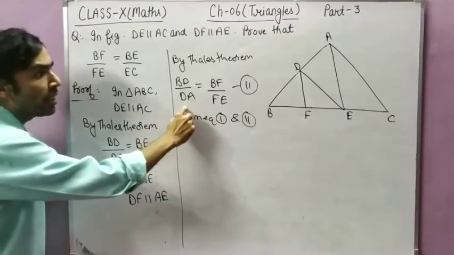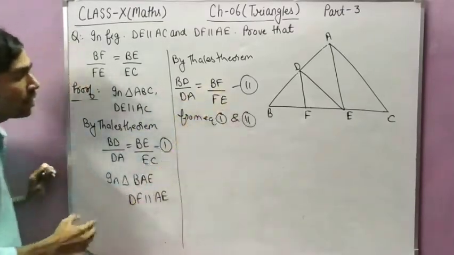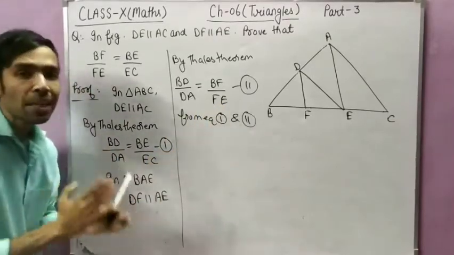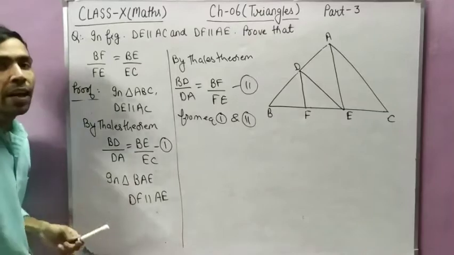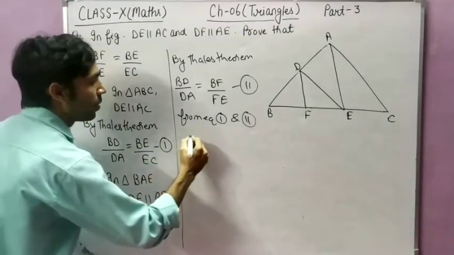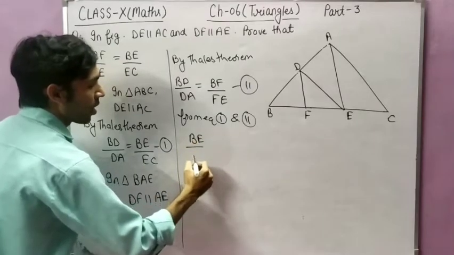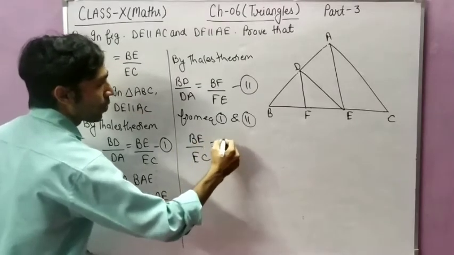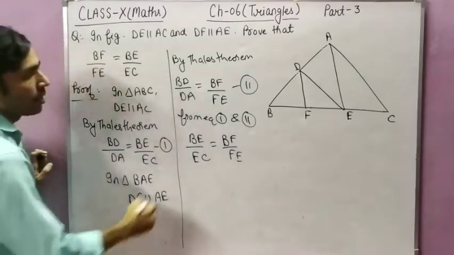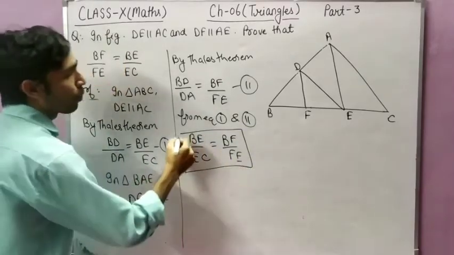Similarly, BD upon DA is also equal to BF upon FE. So when you compare equation 1 and 2, if two equations have the same left hand side, they should also have the same right hand side. So by comparing equation 1 and 2, we can write BE upon EC is equal to BF upon FE. Okay, hence proved.